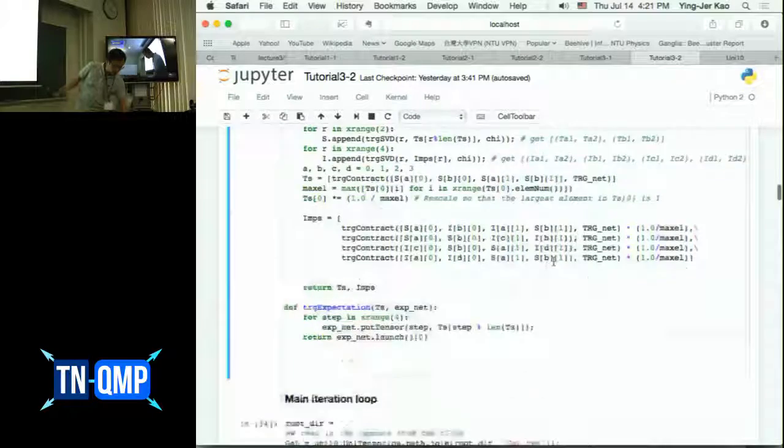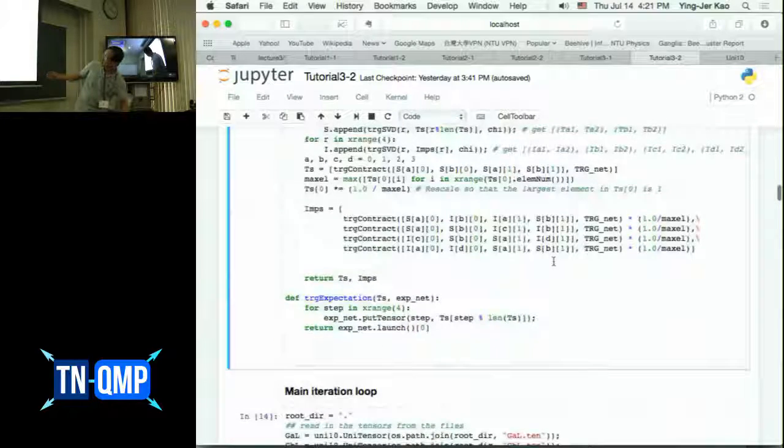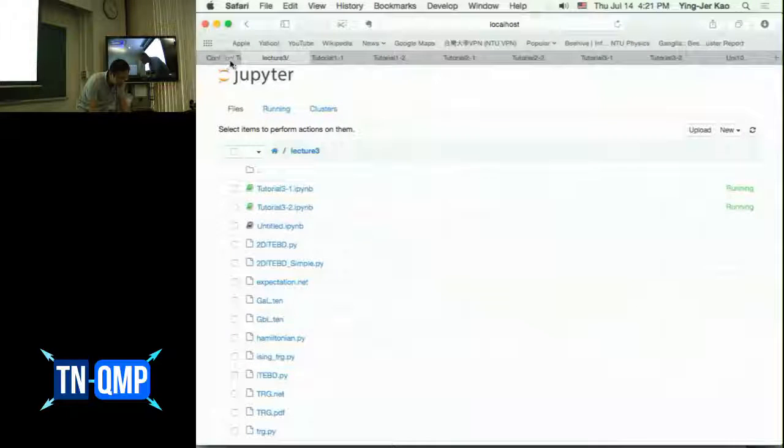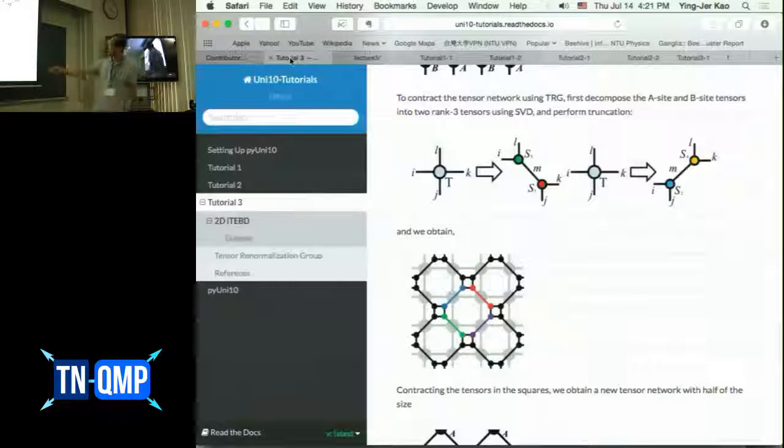For example, you contract the impurity tensors at some proper places. If I look at my tensor network, it can be one of these, so I have 4 contractions I need to do.